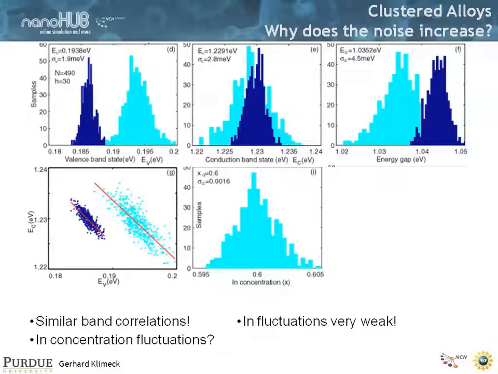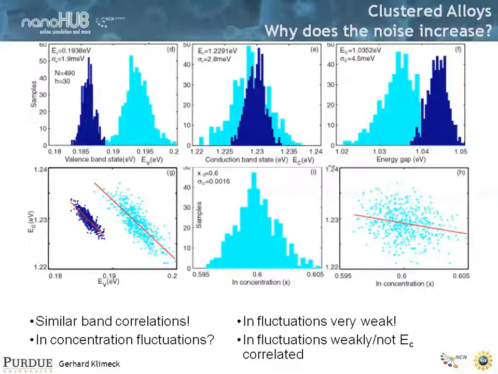For this histogram, we can plot the indium concentration. We have not exactly counted the number of indium atoms in the system and kept it exactly the same. There is a statistical noise on that, but that seems small.